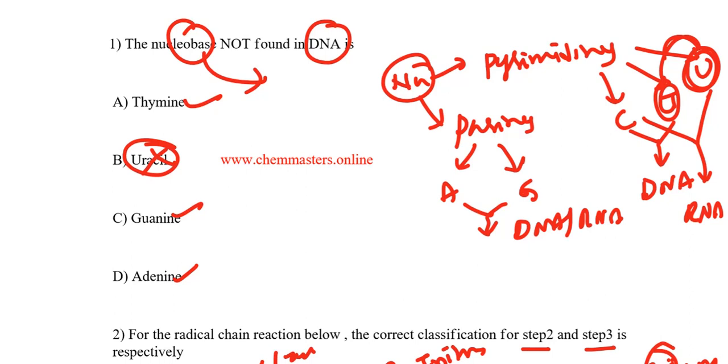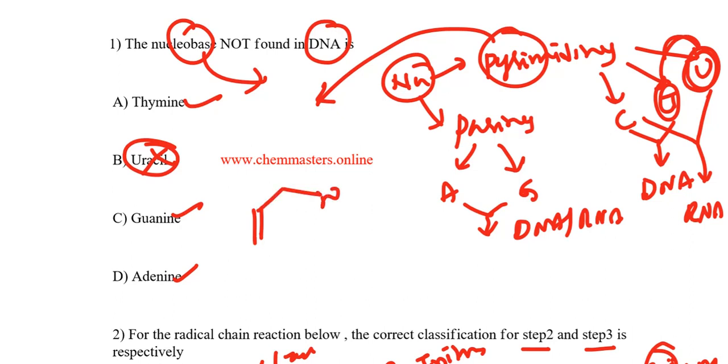The name itself indicates a heterocyclic ring, that is, the pyrimidine structure. So just try to draw the pyrimidine structure here. This is the pyrimidine structure of cytosine, with NH2. Here we can consider it as cytosine.